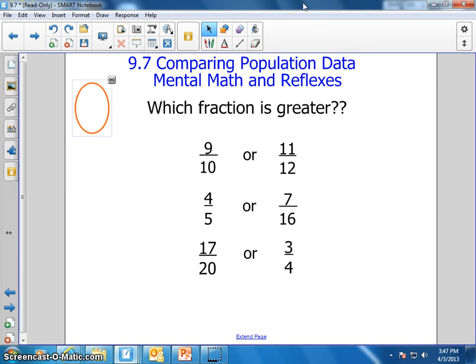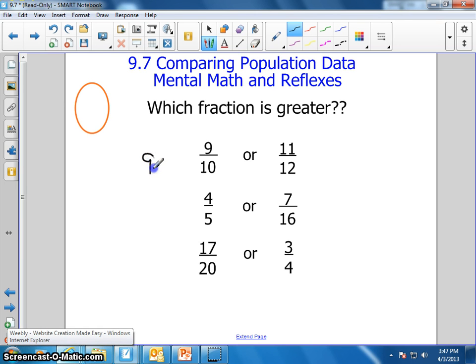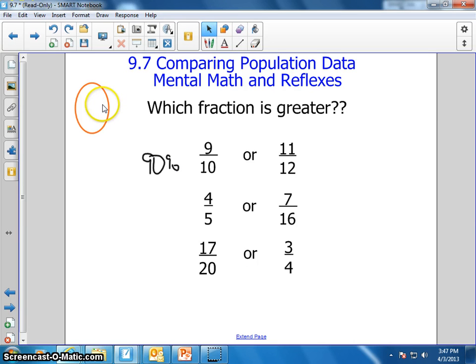Let's do some more review. Go ahead and pause the video again and see if you can work on these. Alright, so once again, using percents, we know that this is 90%. But another way that we could do it is to think which pieces are bigger and which pieces are smaller.